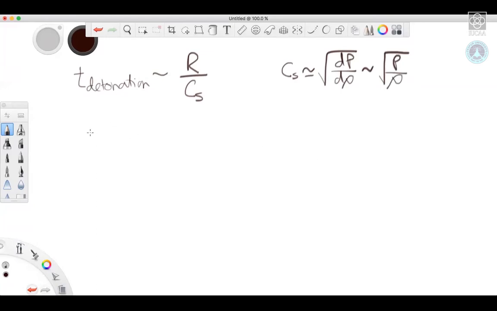What is the pressure? The mean pressure inside a white dwarf star.